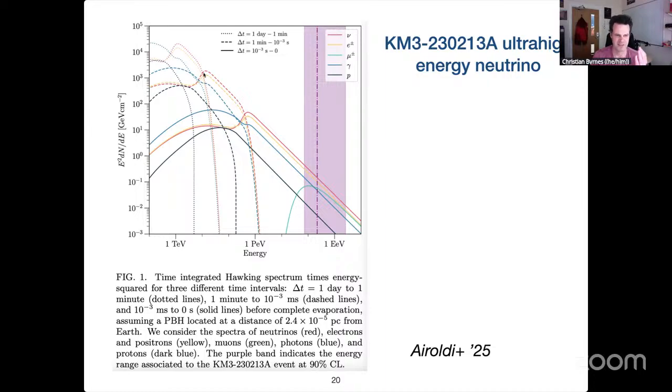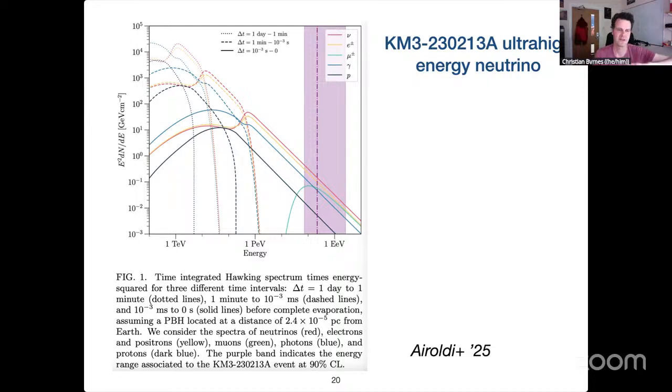So the number of events will go down because the amount of energy left to radiate is much less, but the energy scale has gone up because the temperature's gone up. And so hence you can reach higher energies. And the observed ultra-high energy was around 100 peta-electron volts. Remember, this is way off the scale. This is way above anything the CERN LHC can reach. Basically, you have to be in the last 10 to the minus 3 seconds of evaporation.